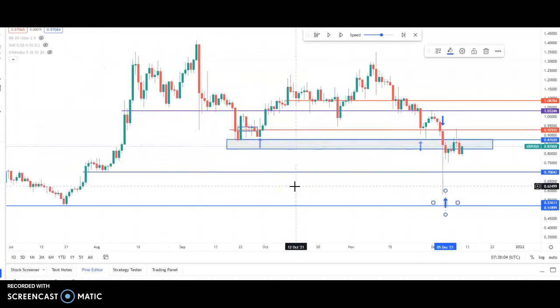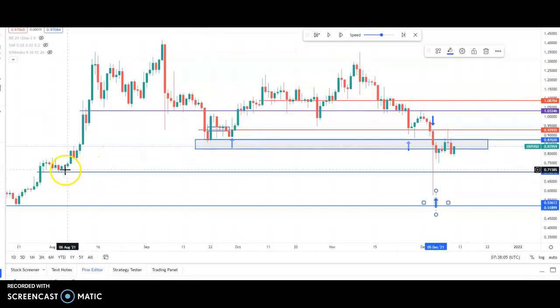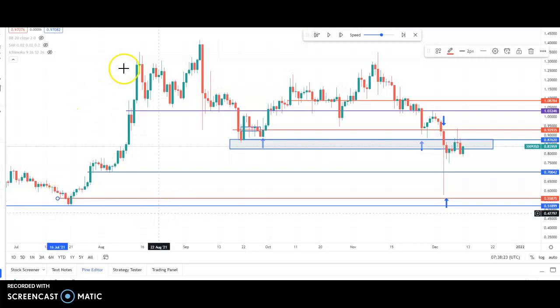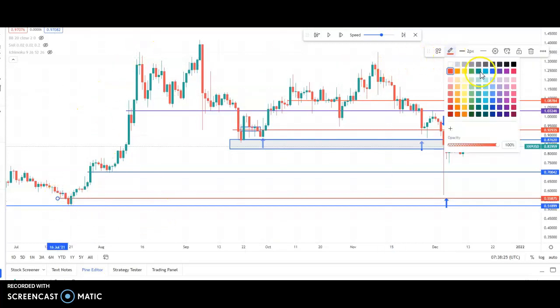Well, when we zoom out, we can see that we have a minor support area here that this wick respected. But what's even more crucial is when we look back, we can see a very beautiful order block.